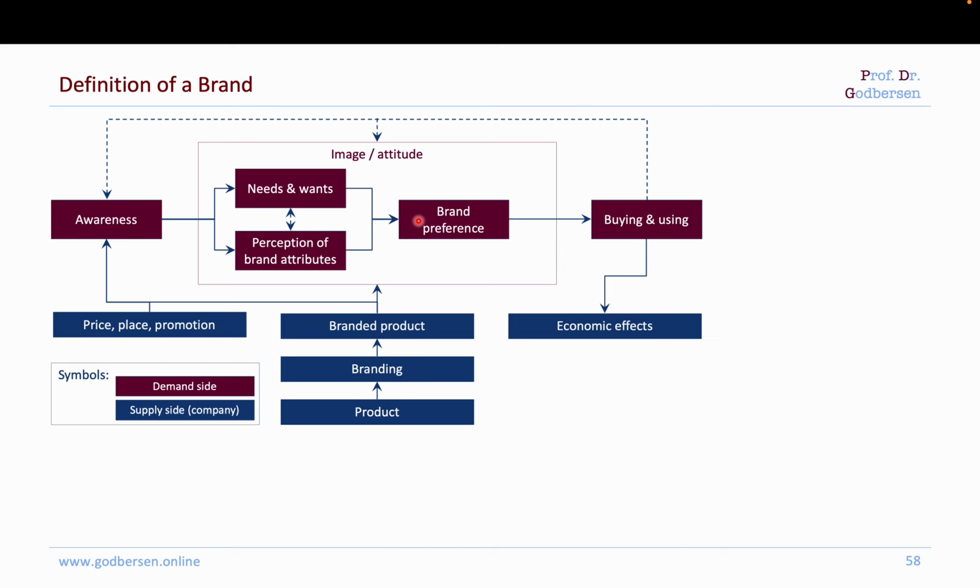That is then the precondition for buying the brand and using it. This aspect of buying and using the brand has a backwards effect. So if I'm very happy with a brand, by using it, it strengthens the image or the attitude and also the awareness. I always have in the back of my mind, oh yeah, this is a great brand.